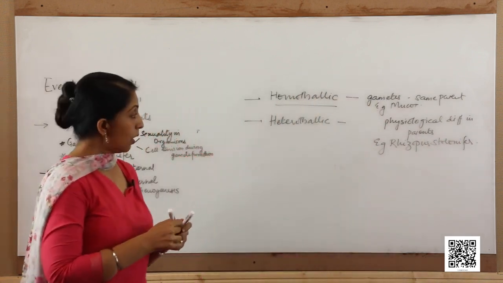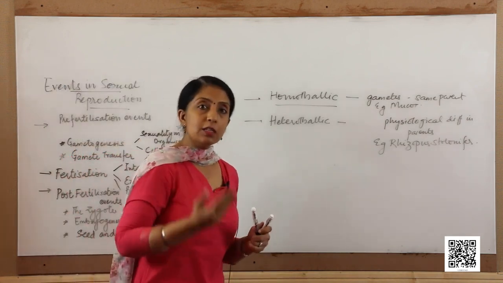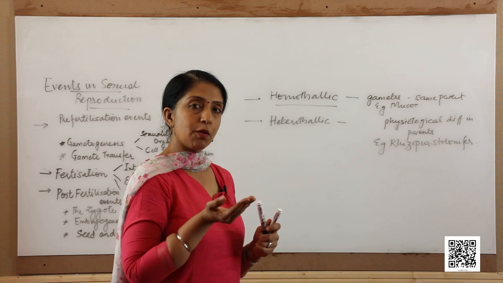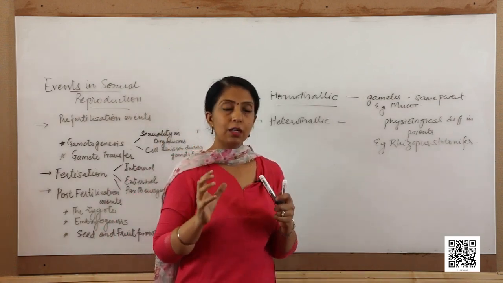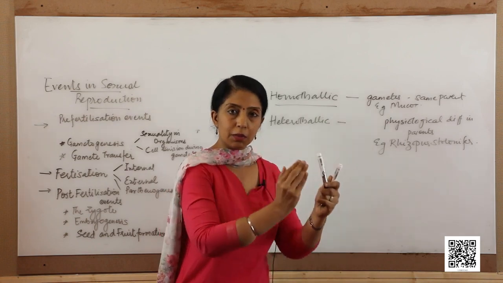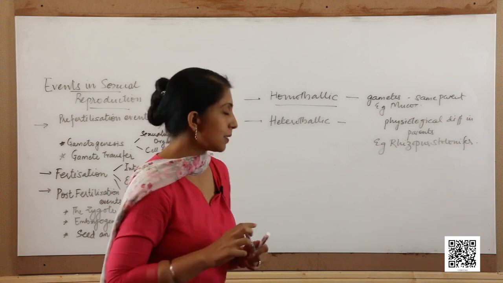Now, after these simpler organisms, sex organs have developed in higher organisms. Naturally, the male sex organs produce the male gametes and the female sex organs produce the female gametes.